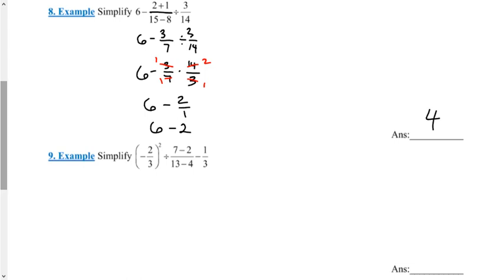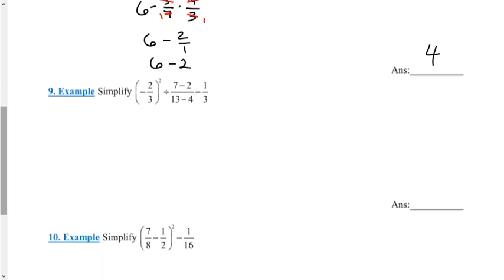We've got negative 2/3 squared divided by all this here. So we've got, let's see, negative 2/3 divided. I'll probably do this first. That's our grouping part of it that we're expected to do. So 7 minus 2 is 5. 13 minus 4 is 9.